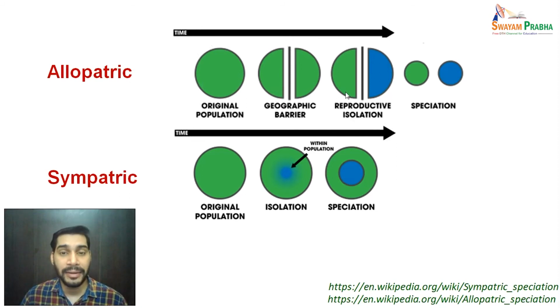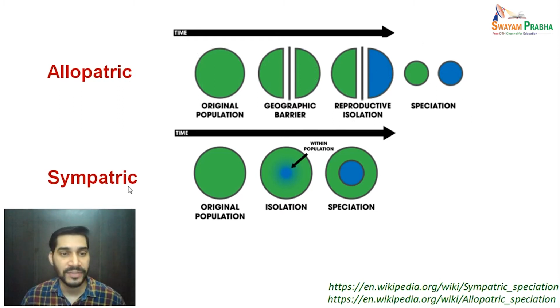And with time, what happens is there is a starting of reproductive isolation, because members of the population which are here are breeding among themselves. Members of the population on this side are breeding among themselves, and with time they create a reproductive barrier with each other, ultimately giving rise to two different species.